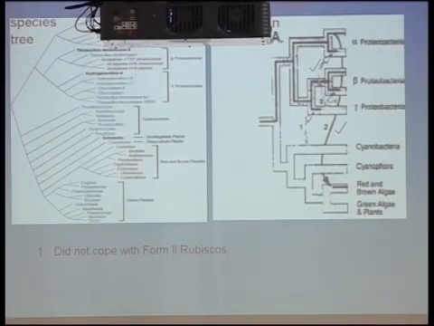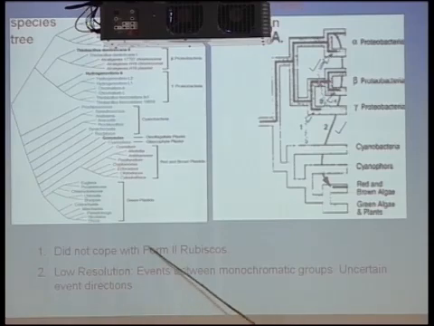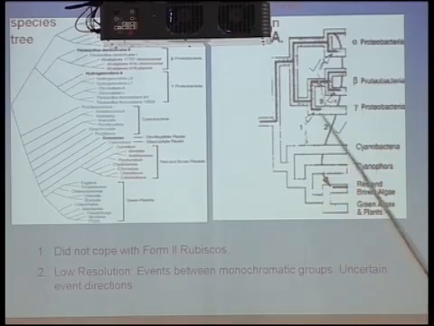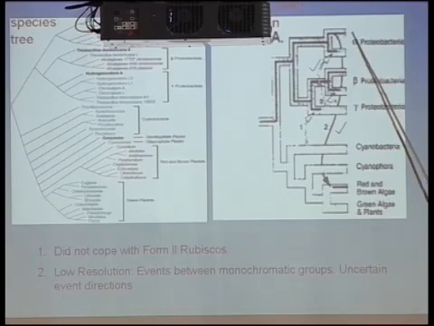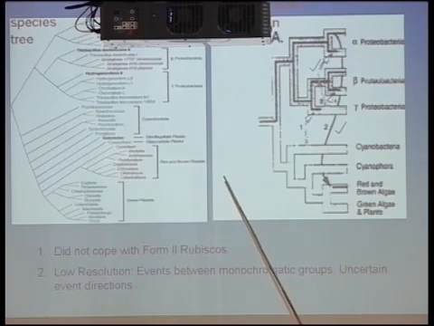And what is their explanation? They did not cope with the Rubisco 2, but what they did is collapse every monochromatic subtree into a single leaf, and then they passed lateral gene transfer edges, also with some other knowledge, to explain the incongruity, and they did it manually.